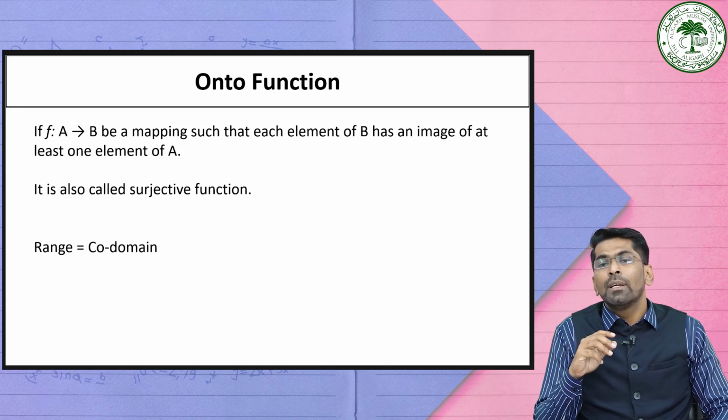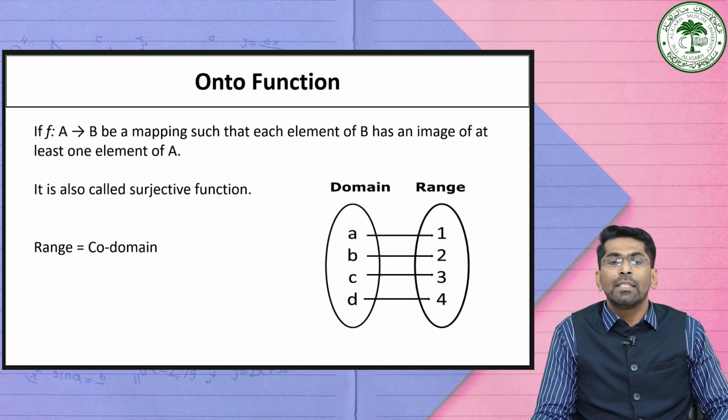For example, we have a mapping such that every element of the range is paired with some element of the domain. See, none of the elements in the range are left unpaired with the domain as in the earlier case.